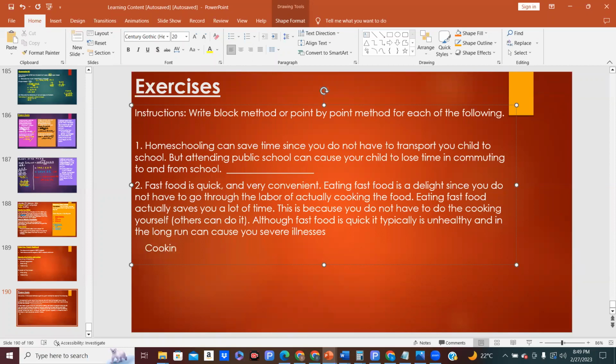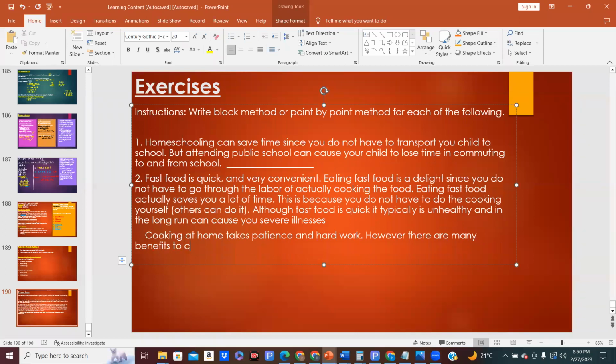Cooking at home takes patience and hard work. However, there are many benefits to cooking at home.